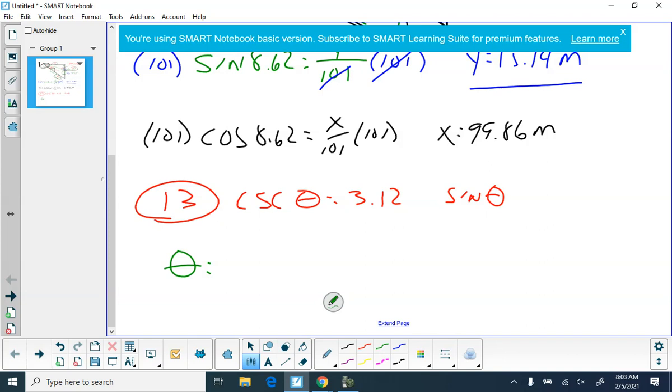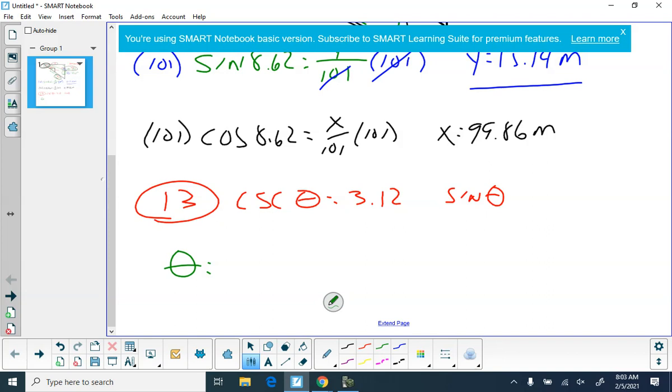I have the cosecant of theta is equal to 3.12. I can take the inverse cosecant of both sides to solve for theta. Problem is, though, we don't have that button on our calculator. We don't have the inverse cosecant button. So we have to go back to how we solve for theta when I have a reciprocal function.